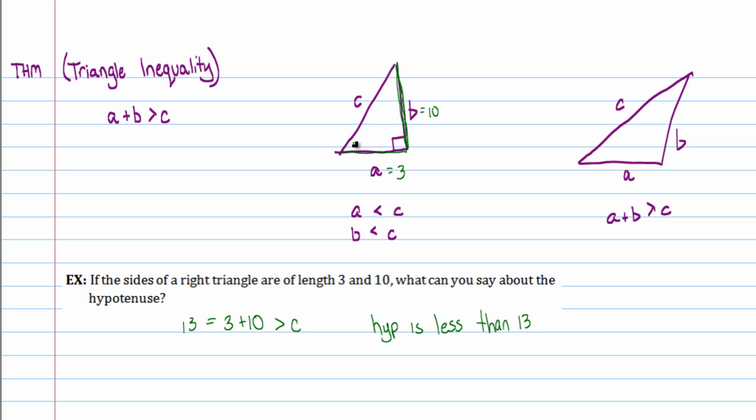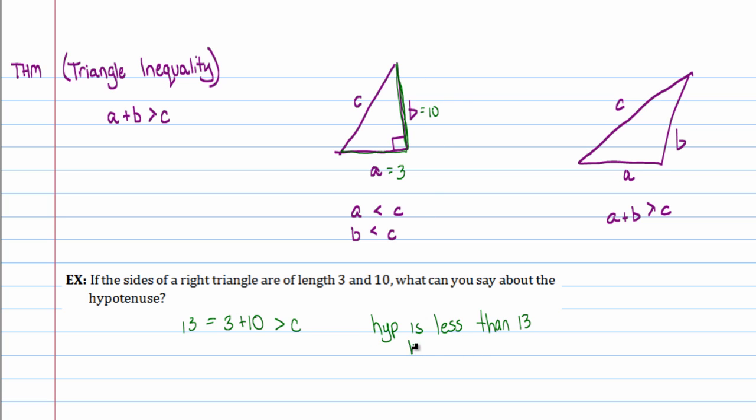If it was opposite an angle larger than 90 degrees, let's say this angle is 91, then you have two angles in this triangle, a 90 and a 91, and when you add them up, it goes greater than 180 degrees. So you can't have that happen. You can only have, at max, one 90-degree angle in a triangle. So I do happen to know that the hypotenuse will be bigger than 10.